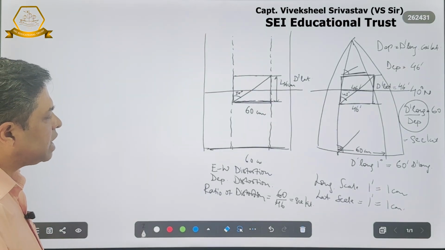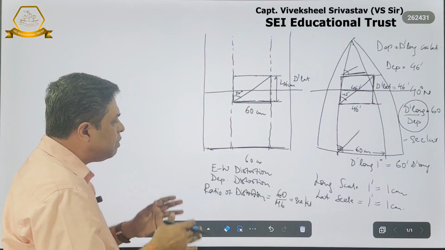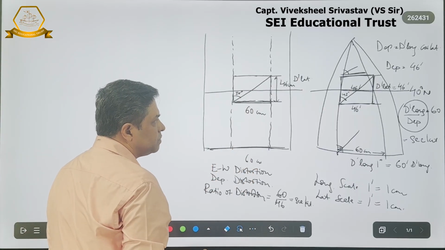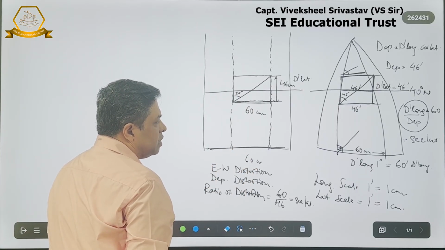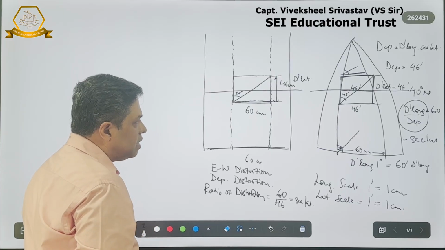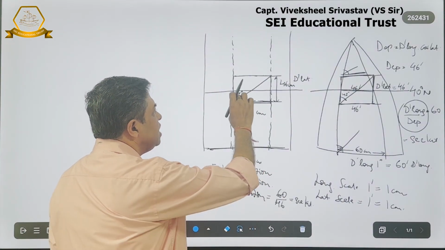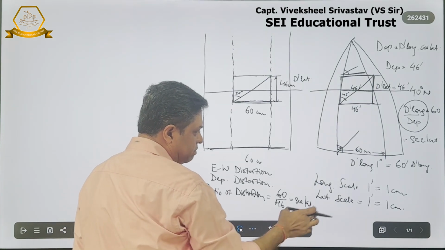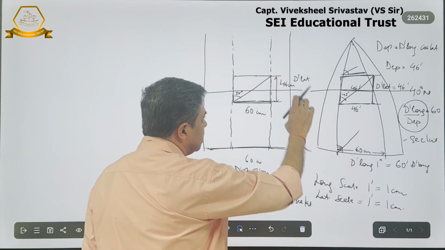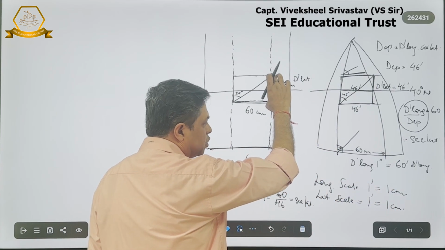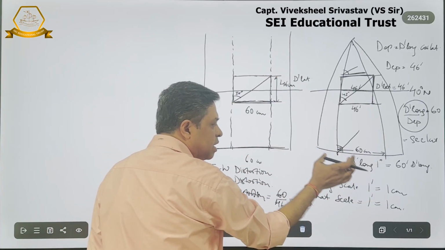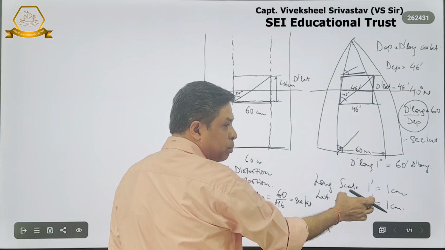Okay, but now we have a problem. First of all, the bearings are not correct. Secondly, the distances in the north-south direction are still correct, because on our scale, if we measure, the d lat is still 46 centimeters. So it is coming correct on this scale. But the departure is not coming correct on this scale that we have assumed.